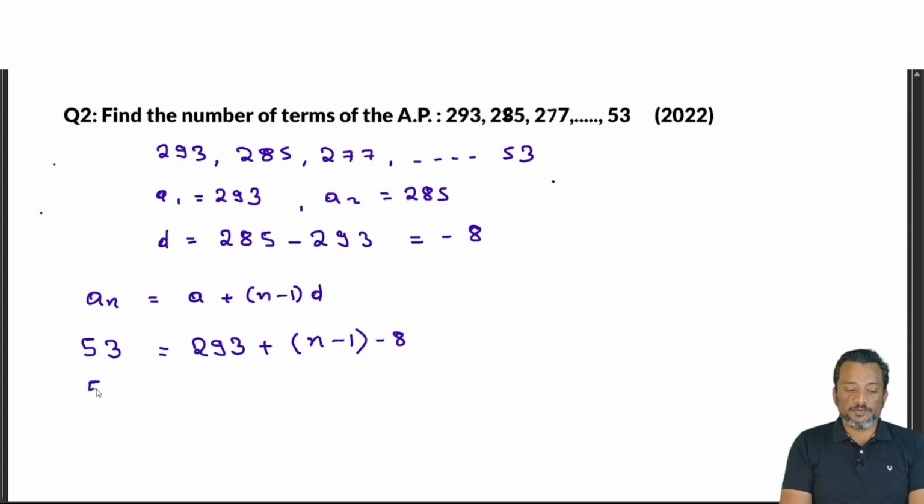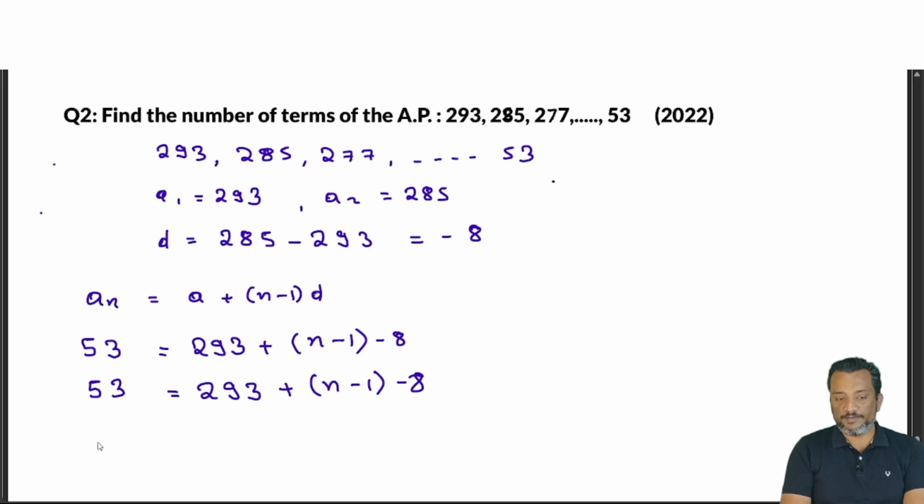So you can say 53 is equal to 293 plus N minus 1 times minus 8.